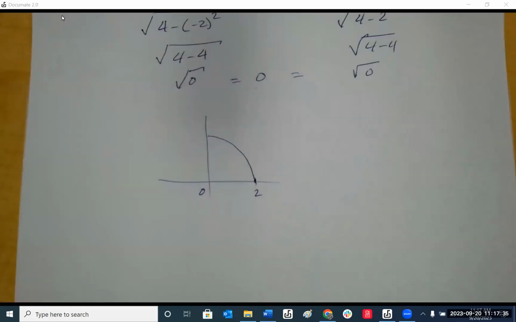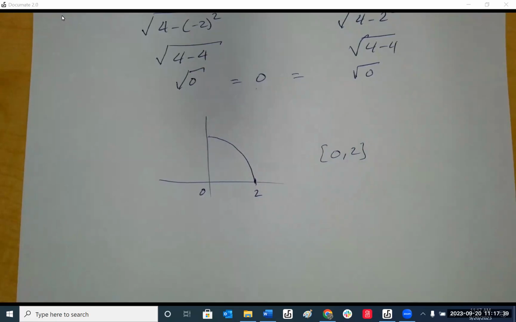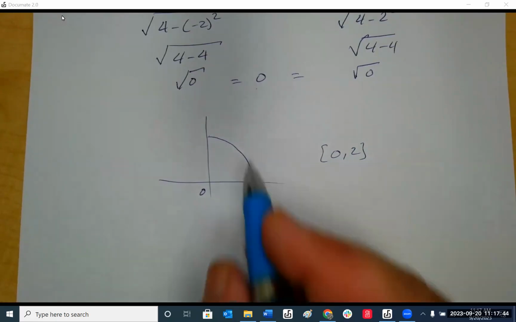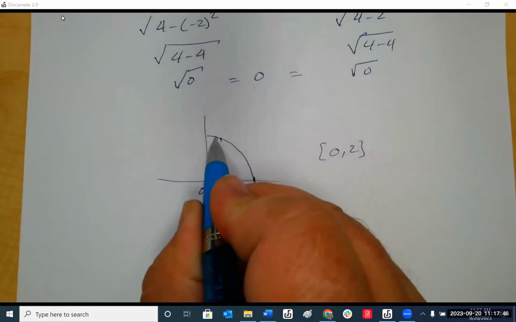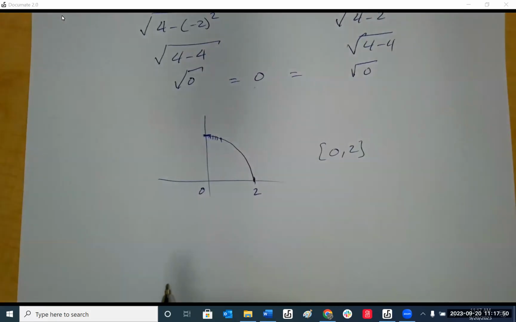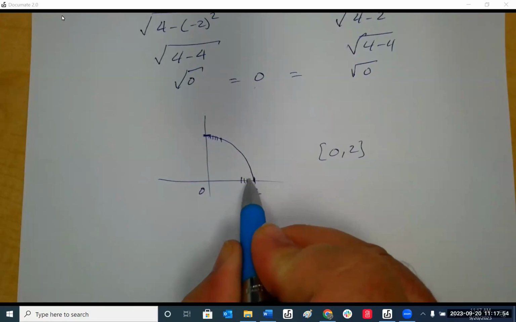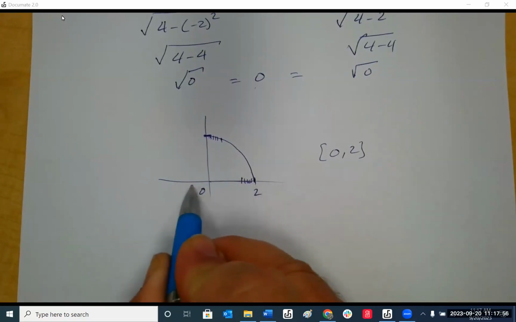What if our domain now was from 0 to 2? Would they approach the same value? No, they don't have to, because as we're approaching a value from the right, it's approaching its limit value. As we're approaching this one from the left, it's approaching its limit value of 0.